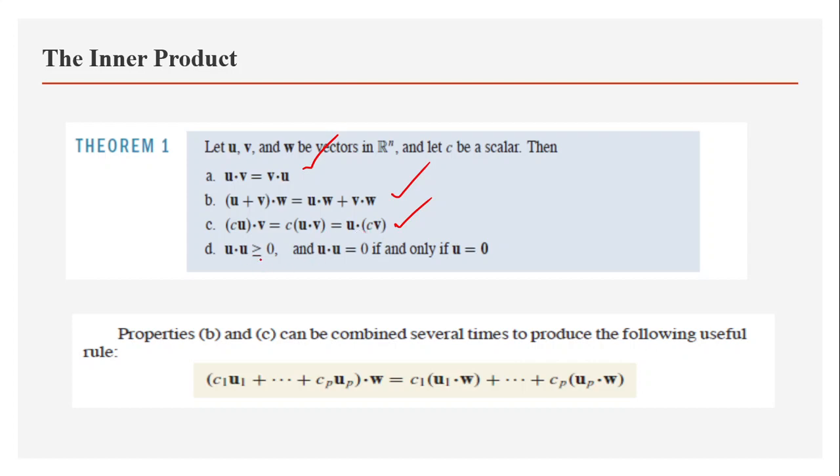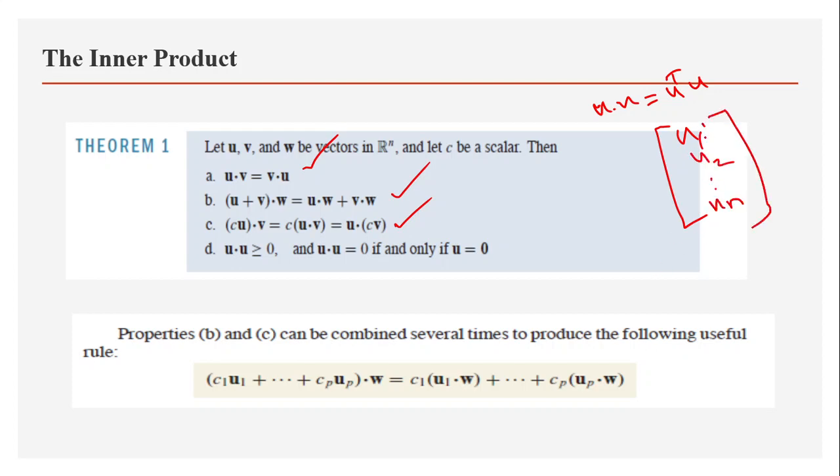(d) u dot u is greater than or equal to 0. That means u dot u will be equal to u transpose into u, where u is u1, u2, etc. un.